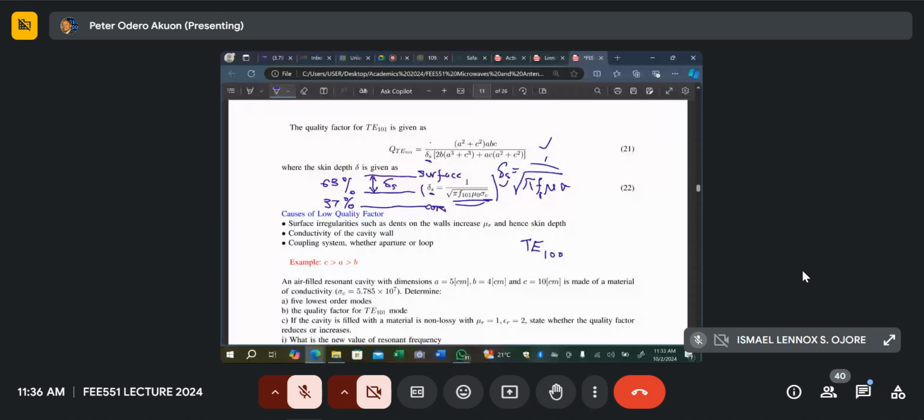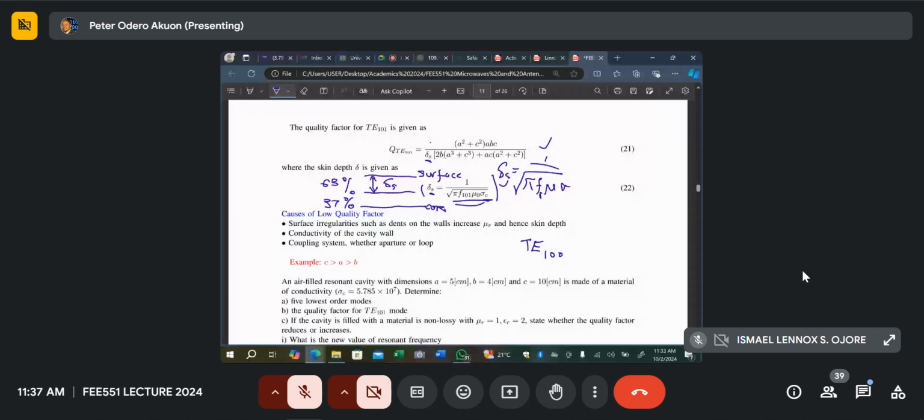So for us to determine the modes, we are going to calculate the resonant frequency for several modes. Okay. And we have said when P is equal to 0, then we are not really talking about the cavity that we have.